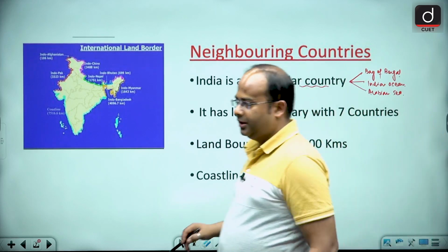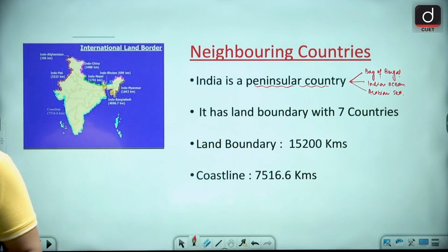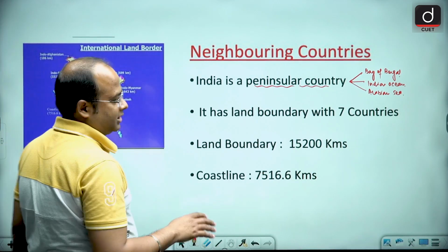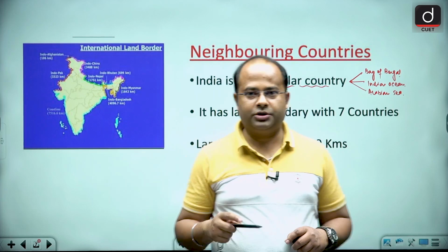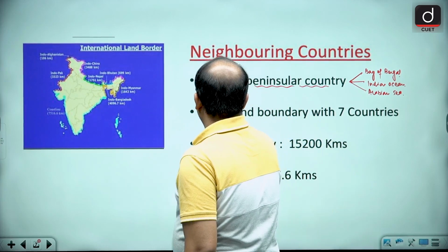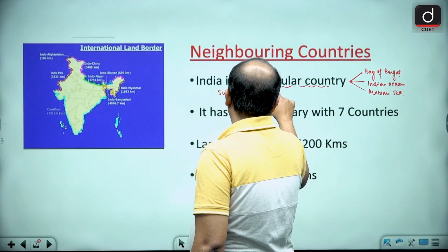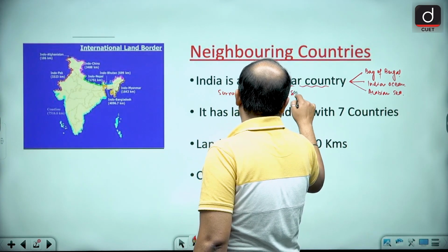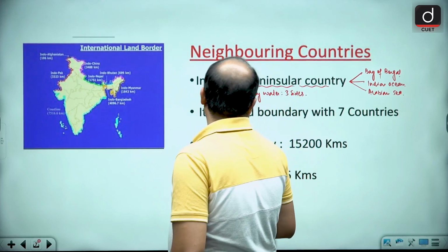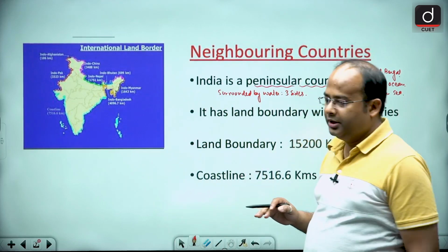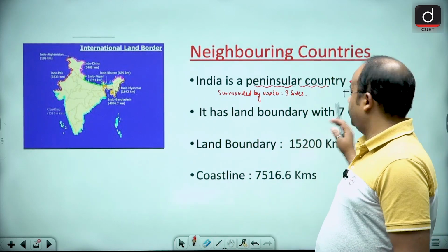Bay of Bengal, Indian Ocean and Arabian Sea are the three water bodies that surround India. So India is a peninsular country surrounded by water from three sides.